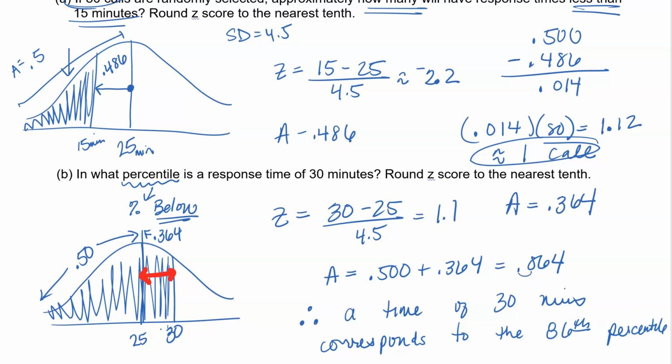So 0.864 is about 86.4%. And usually with percentiles, we just round to the nearest whole number, but in Connect, when you're doing your homework, you'll be directed on how to round.